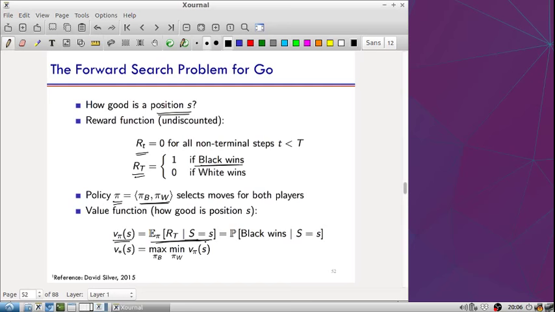This is just a definition of what I mean by the optimal value of that state. If you're the black player, you're trying to maximize over all policies, over all choices. You want to find the best pi b against the worst pi w that the other player is going to try from that state. There are two players involved, and that's another complication here.